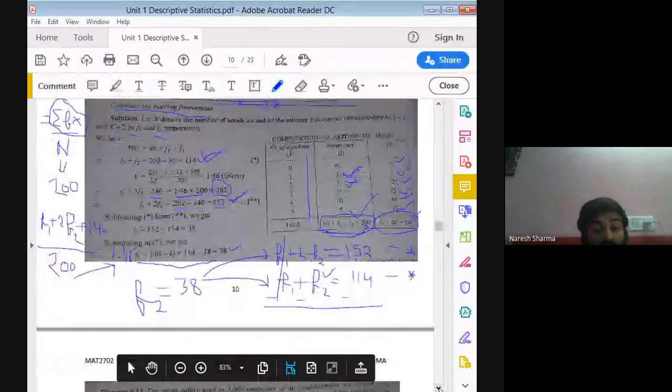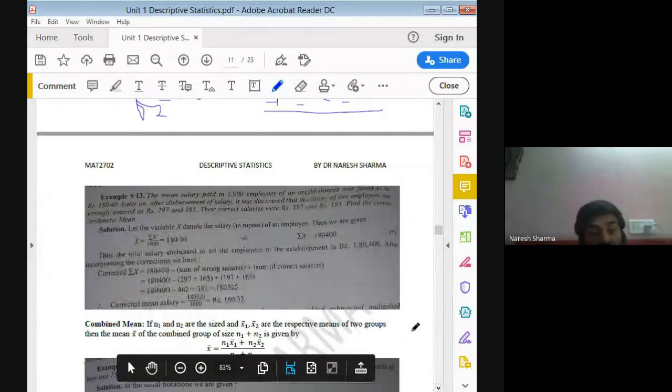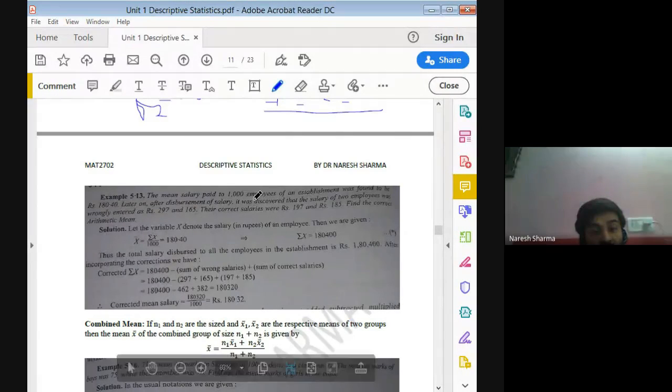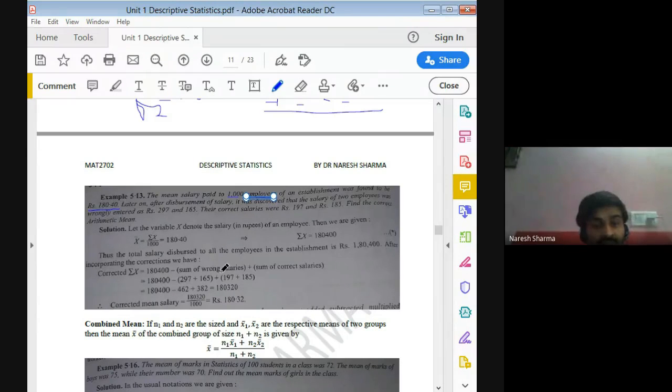Now another example, which is also an interesting one. The mean salary paid to 1000 employees, the number of employees is 1000 here, of an establishment was found to be rupees 180.40. This mean salary is given to us.